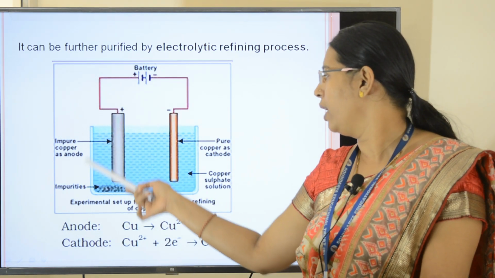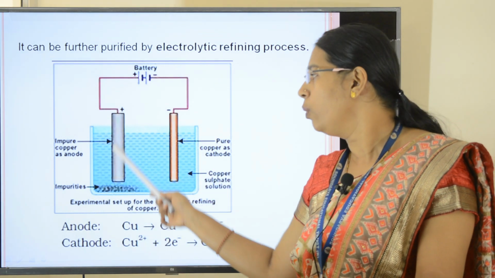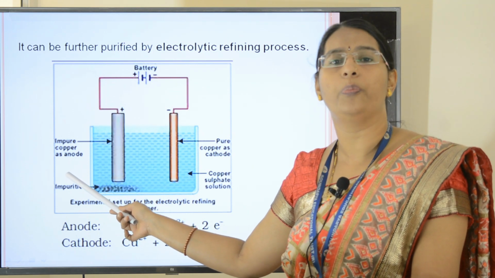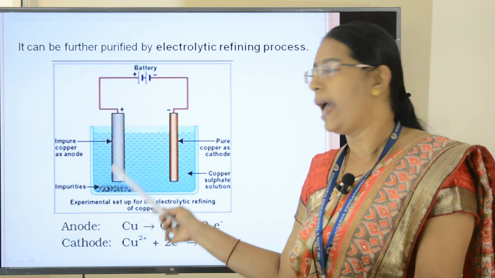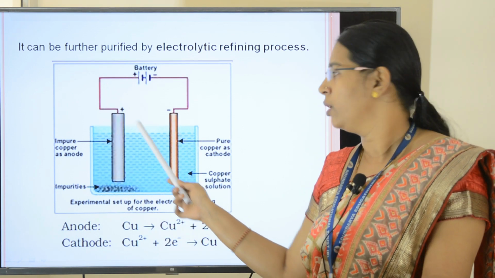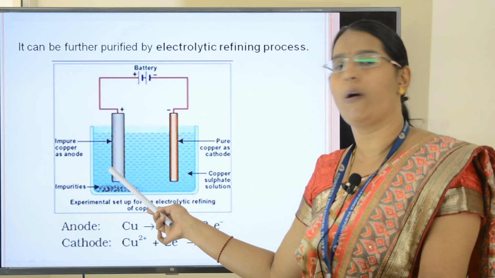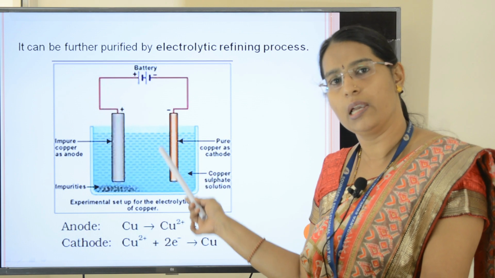Here there is a tank known as electrolytic refining tank, and the anode taken is the impure copper rod. Thick impure copper rod is taken as the anode and thin sheet of pure metal is taken as the cathode.